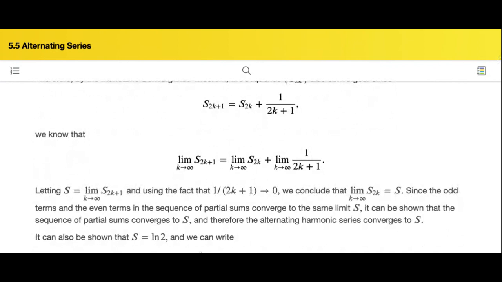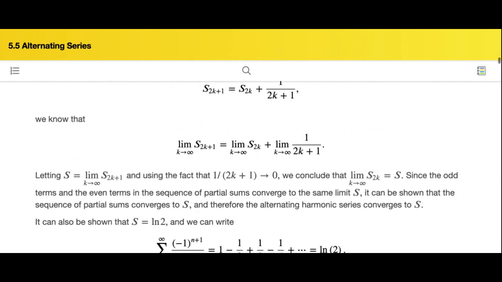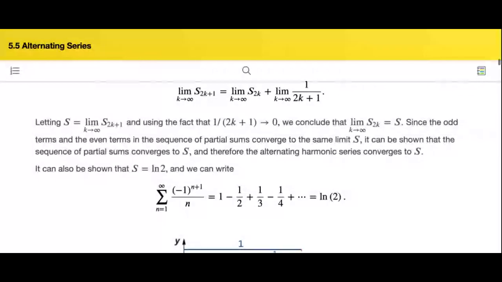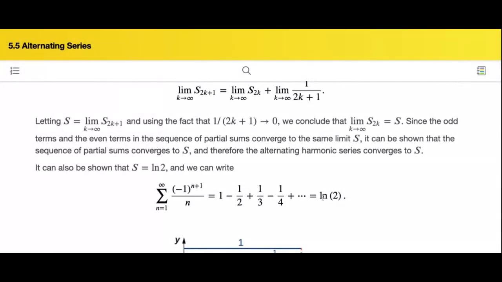So that proves the series converges. In reality, it converges to ln of 2.